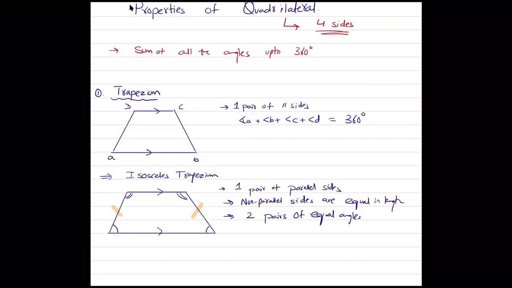These two angles are equal because these two sides, the non-parallel sides, were equal. The parallel sides will not be equal. ठीक है? Is the trapezium shape clear? Please let me know if there is anything that you want me to explain.